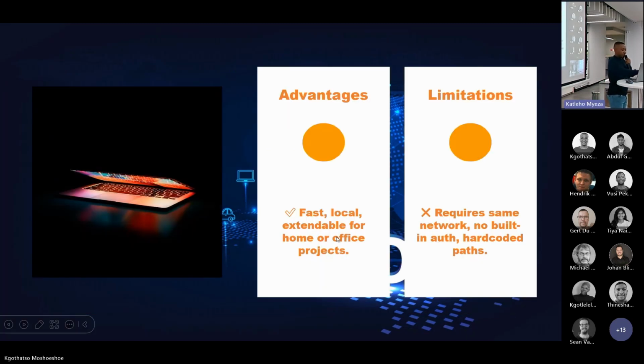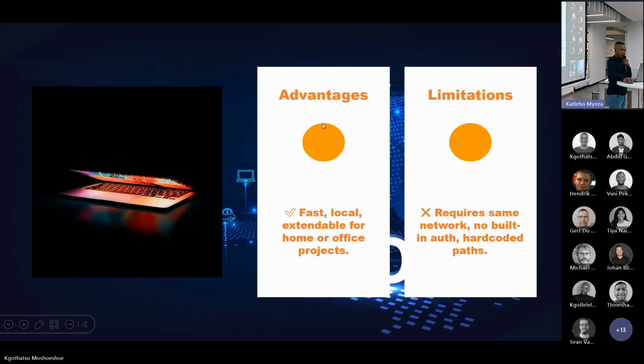Now the advantages and the limitations. What's great about this is it's fast, it's flexible and it's local, no external APIs are required. It's also great for devs and hobbyists, but it's limited to hard-coded paths, no authentication layer, and everything needs to run on the same network.